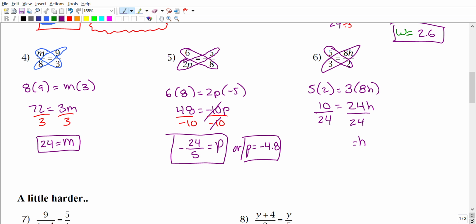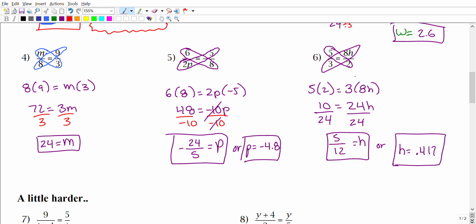We get 10 divided by 24, which reduces because I believe they both have a 2 in common. So this would be 5 over 12. Or once again, if you are solving by plugging it into your calculator and just getting a decimal, you should get 0.417.